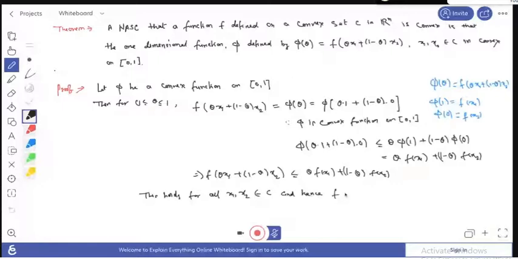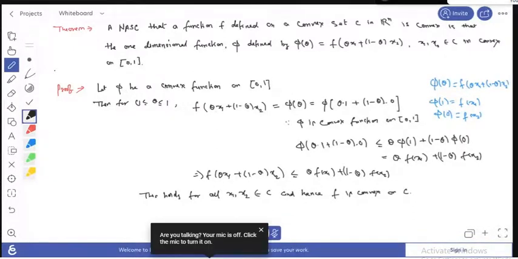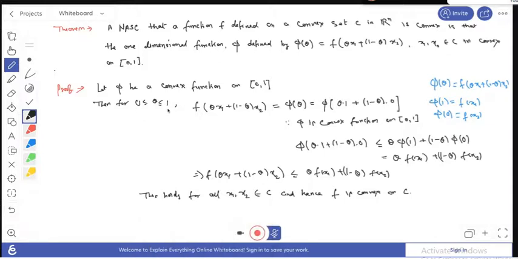so f is convex on set C. Here you take this φ, which is convex on [0, 1], and you are able to prove that this function f, for x1, x2 belonging to C, is convex.